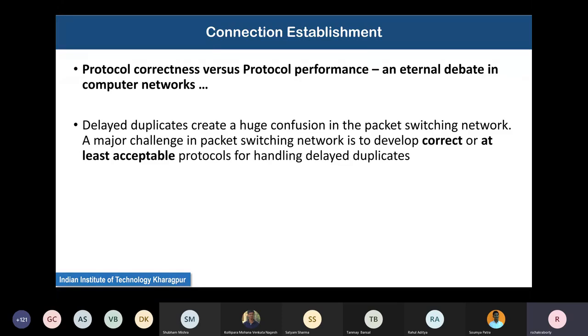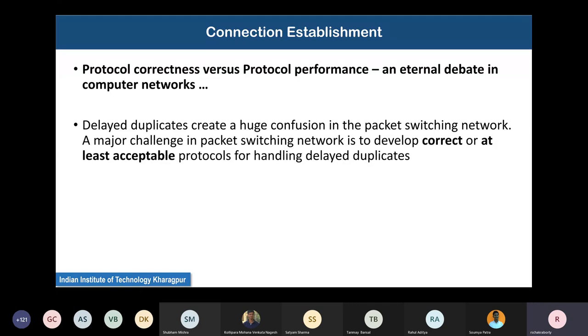This is a very important trade-off. In computer networks, you will find that often we accept protocols which are not fully correct. Through simple analysis, it can be shown that the protocol will not always succeed. There are corner cases for which the protocol will fail.